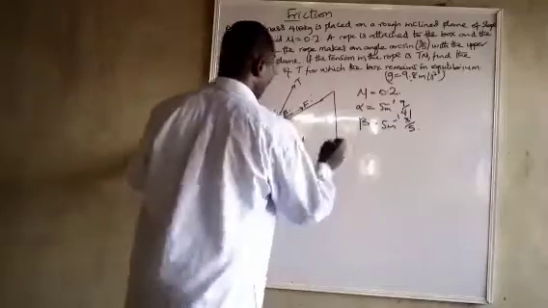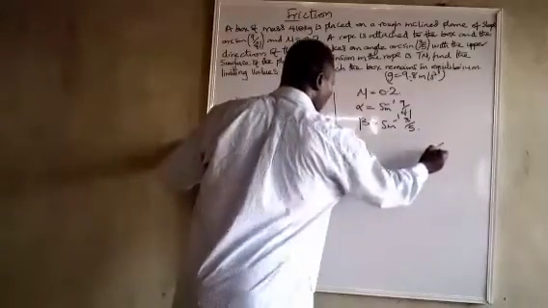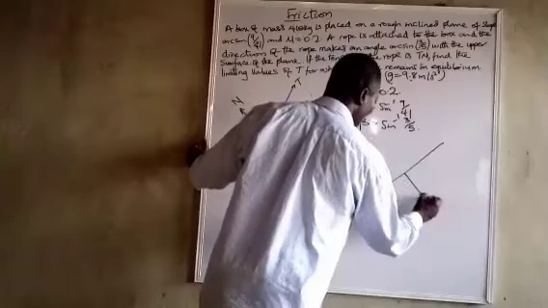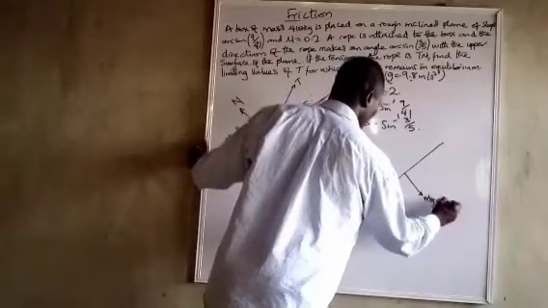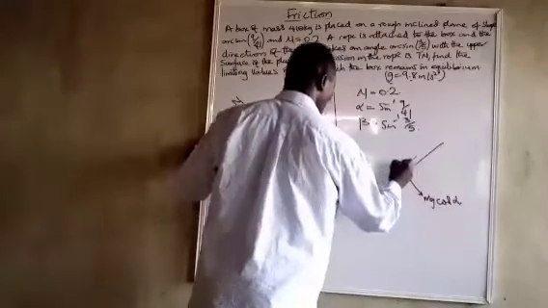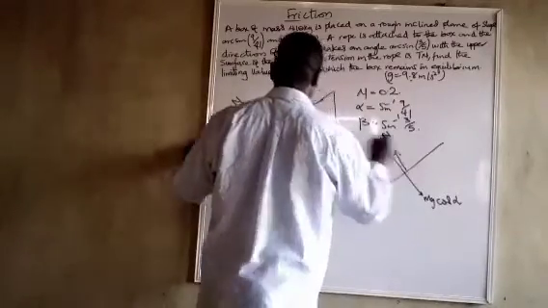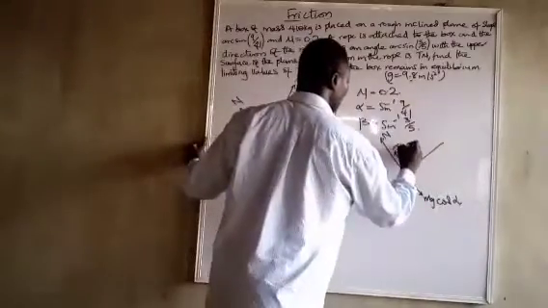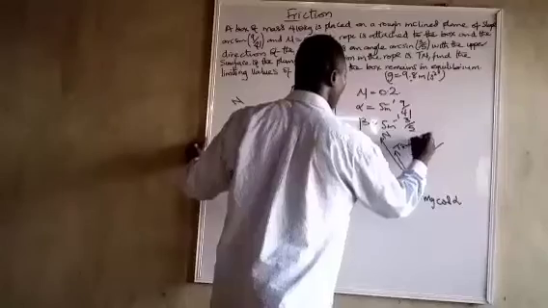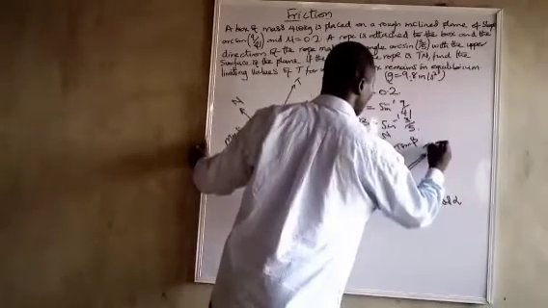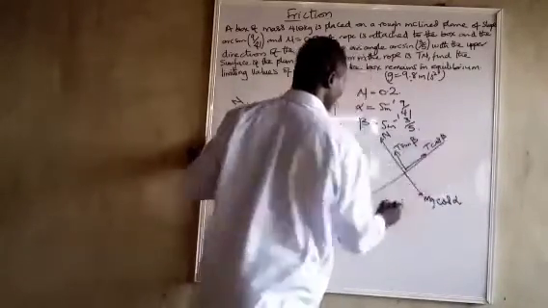Our forces will be like this. We have mg cos alpha, N, we also have T sine beta upward like this, and we have T cos beta.